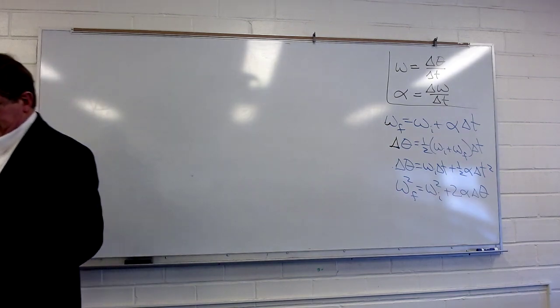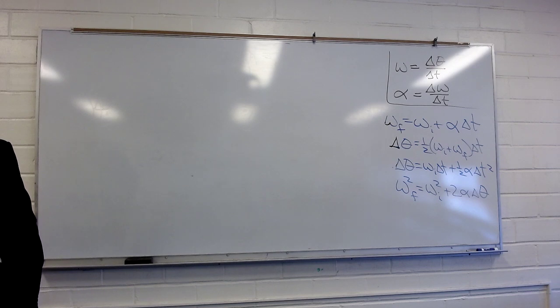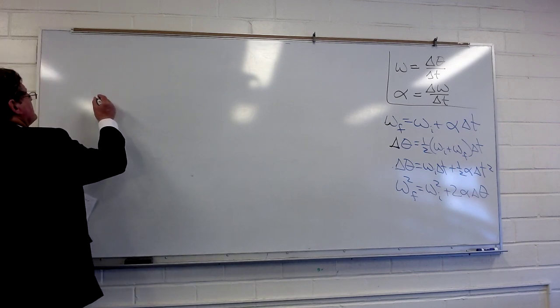This next problem 8, we're told that a truck is accelerating uniformly from rest, and after 5 seconds, the 50 centimeter radius wheels on the truck have an angular velocity of 30 radians per second. So let's again make our list of the variables.